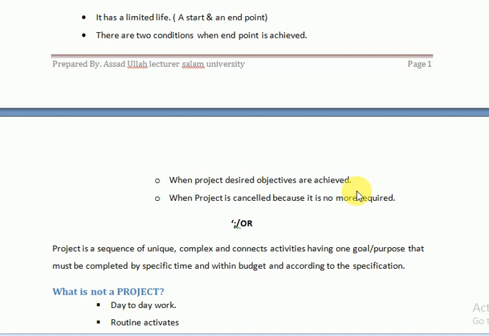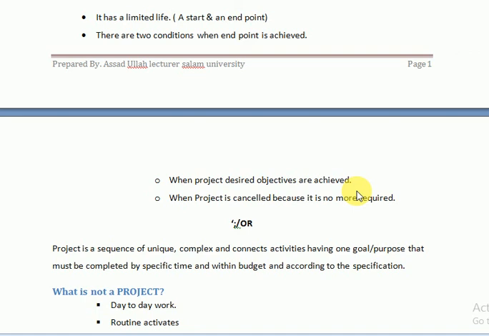Similarly, for operations and projects, both are planned, both are executed, both are monitored, both are controlled. These are similar activities performed in both operations as well as projects. That's why most students are confused. They do not distinguish operations from projects.